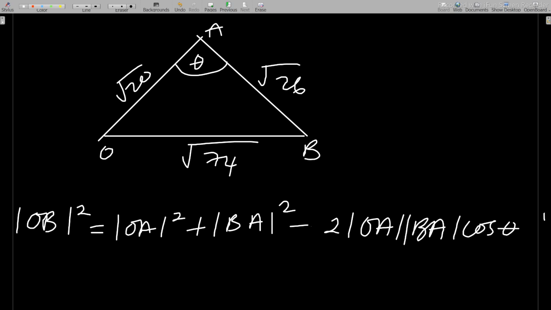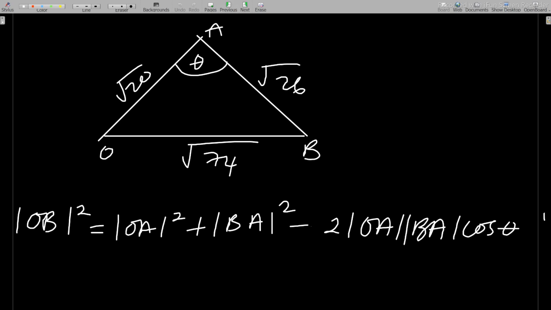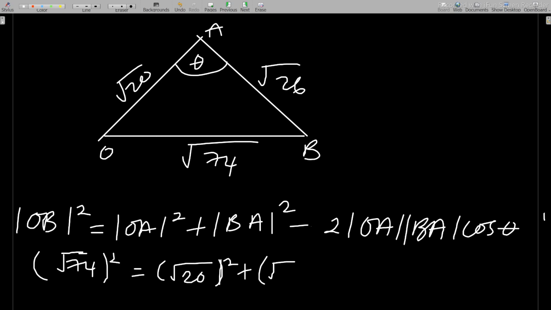So it means that we can make some subjects here. Let me do it straight away. I have OB squared, so if I put square root of 74 here, squared, it should be equal to OA, which is square root of 20, squared, plus square root of 26 squared, minus 2 square root of 20 times square root of 26 cos of theta.